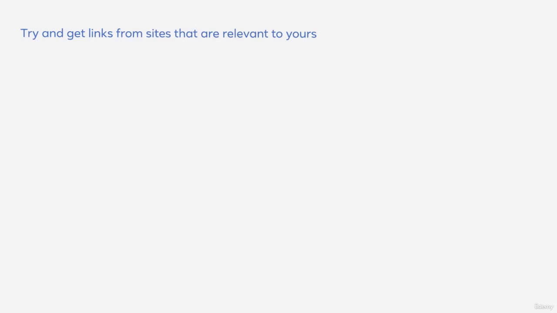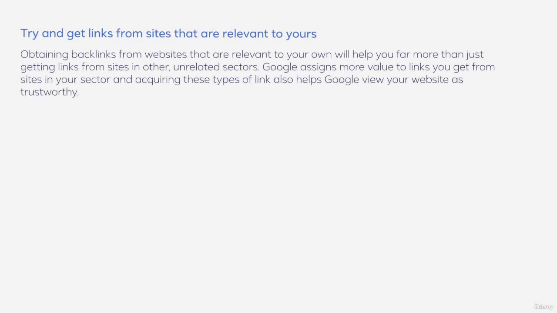Try and get links from sites that are relevant to yours. Obtaining backlinks from websites that are relevant to your own will help you far more than just getting links from other sites in other unrelated sectors. Google assigns more value to links you get from sites in your sector, and acquiring these types of links also helps Google view your website as trustworthy.